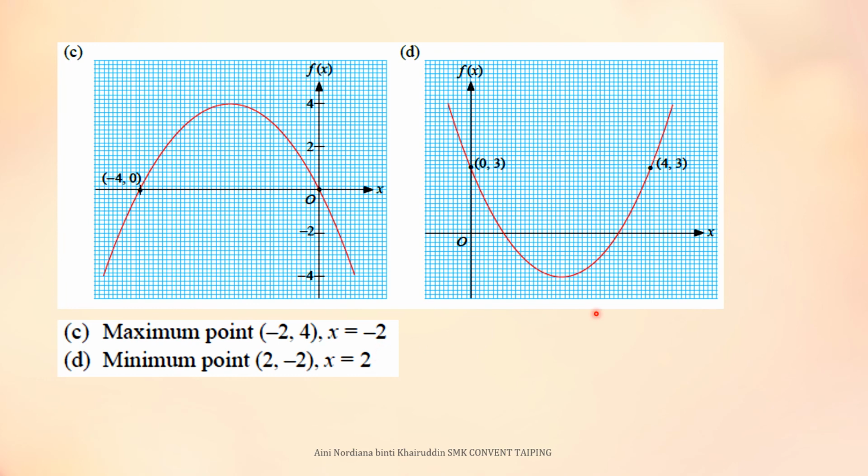While for graph D, we have a minimum point here. The coordinate for this point is 2, negative 2, and the equation of the axis of symmetry is x equals 2, as I showed you from the previous questions A and B.